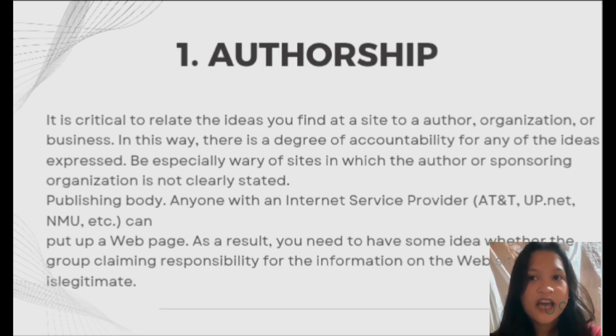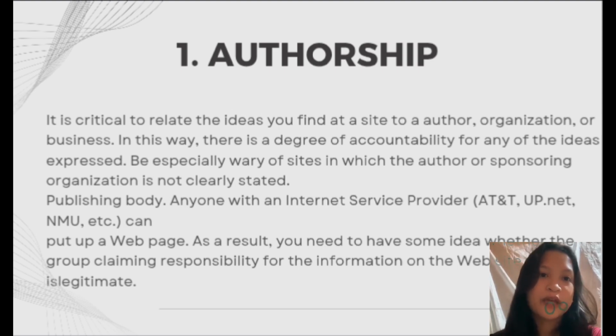Publishing body: anyone with an internet service provider, like AT&T, and so on, can put up a web page. As a result, you need to have some idea whether the group claiming responsibility for the information on the website is legitimate. So authorship refers to the one who created the information. This could be a person, organization, a school, a company, or a government agency.